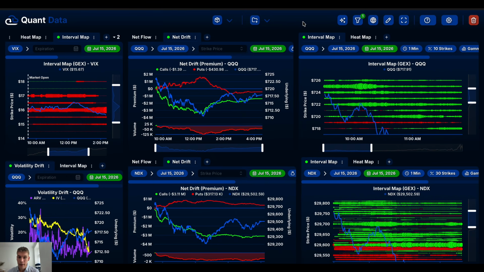Under a negative Vanna surface, we can see misalignment happen, but that is a completely different topic. So we see that VIX has the 16 strike that is going to be supportive. So VIX is going to go up, equities are going to go down, right? QQQ is going to go down, NDX is going to go down. Now we have this net drift line on NDX and QQQ.